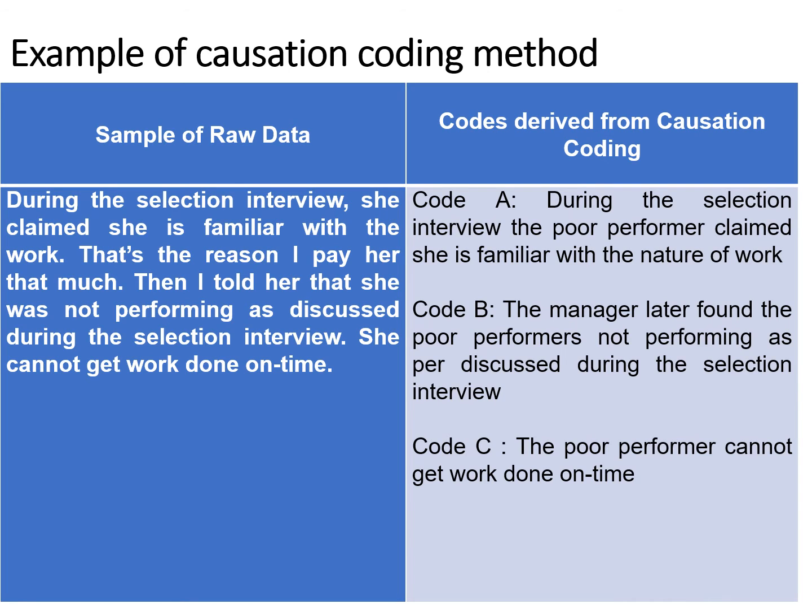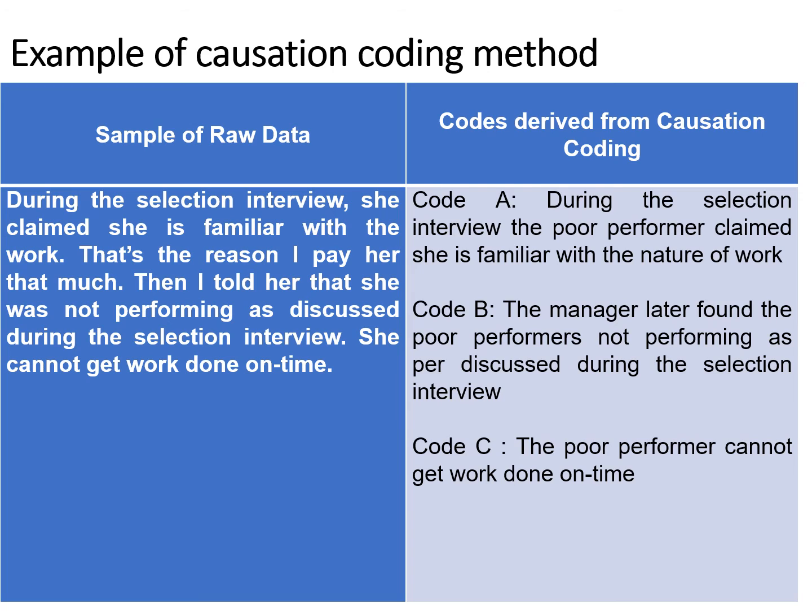Let's look at an example of how to do causation coding. In this table, you can see a sample of raw data. The raw data is basically the conversation between the interviewer and the respondent, or the informant of the research.